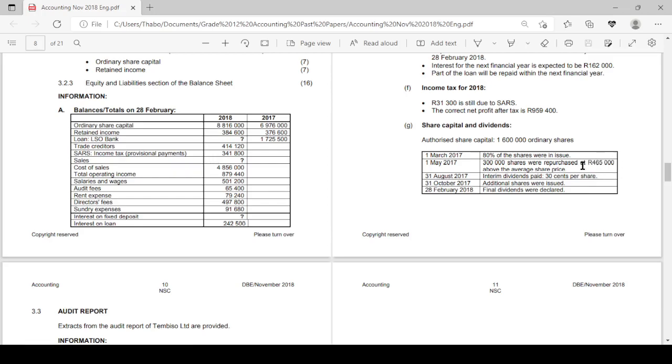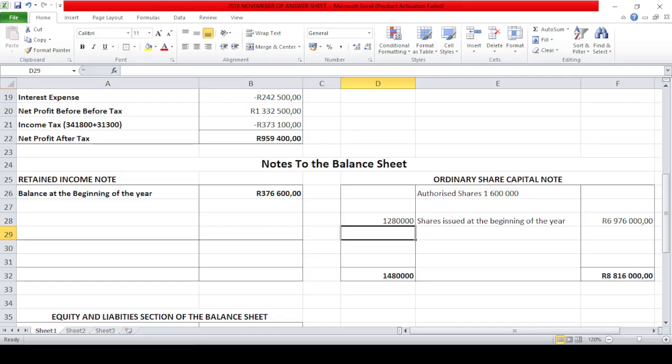So we have to calculate how much is the average share price, because whenever we are repurchasing shares on our share capital, we use the average share price.